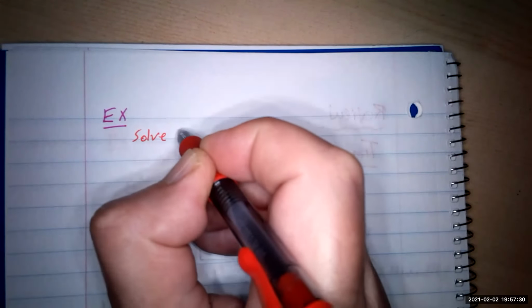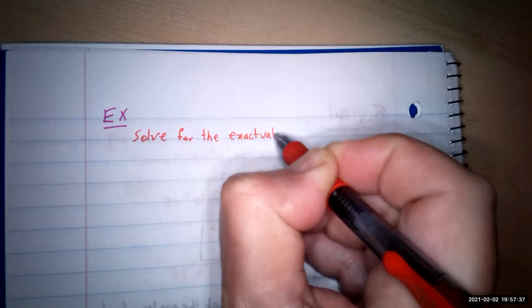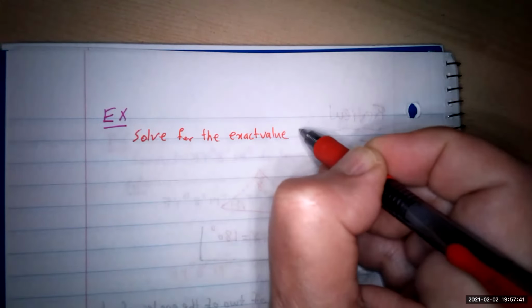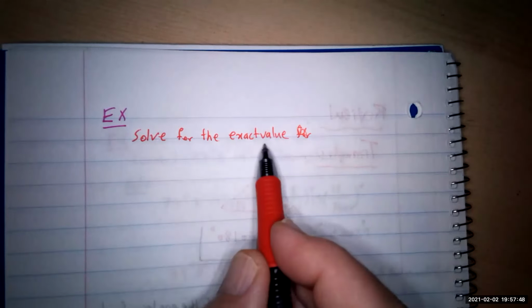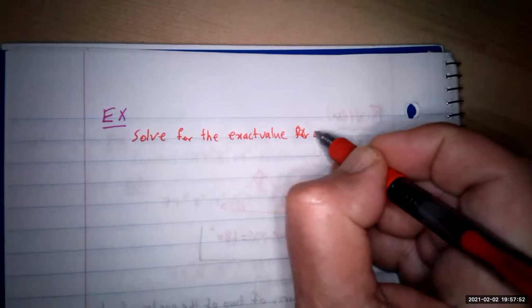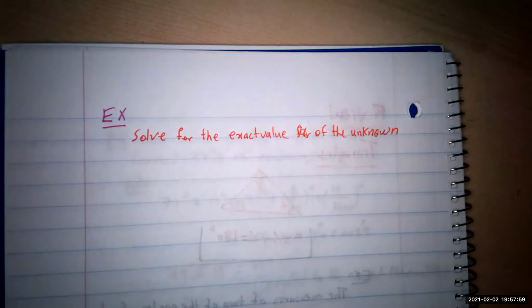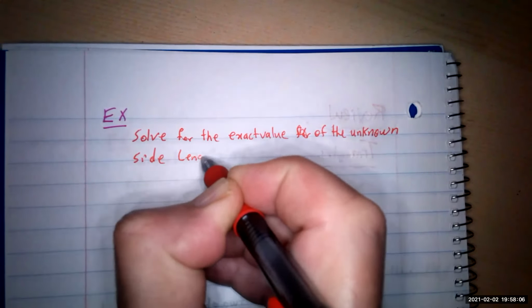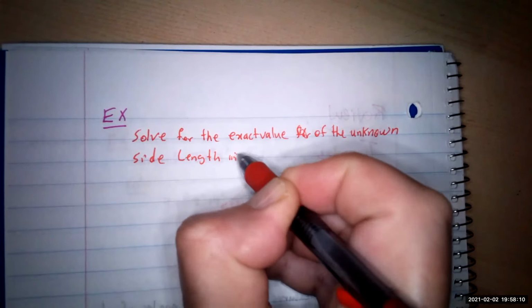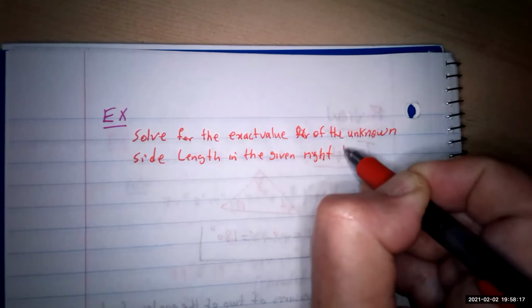So we'd like you to solve for the exact value of the unknown side length in the given right triangle. This is your first job.